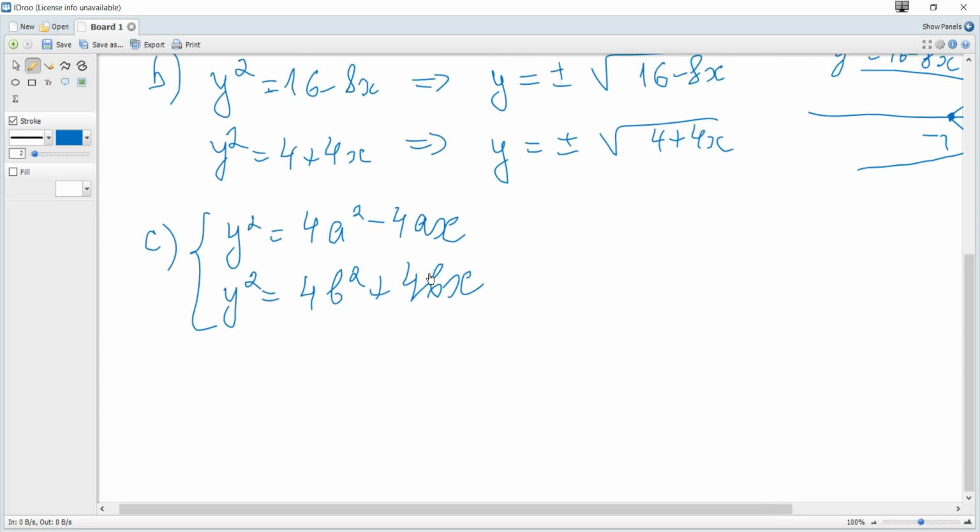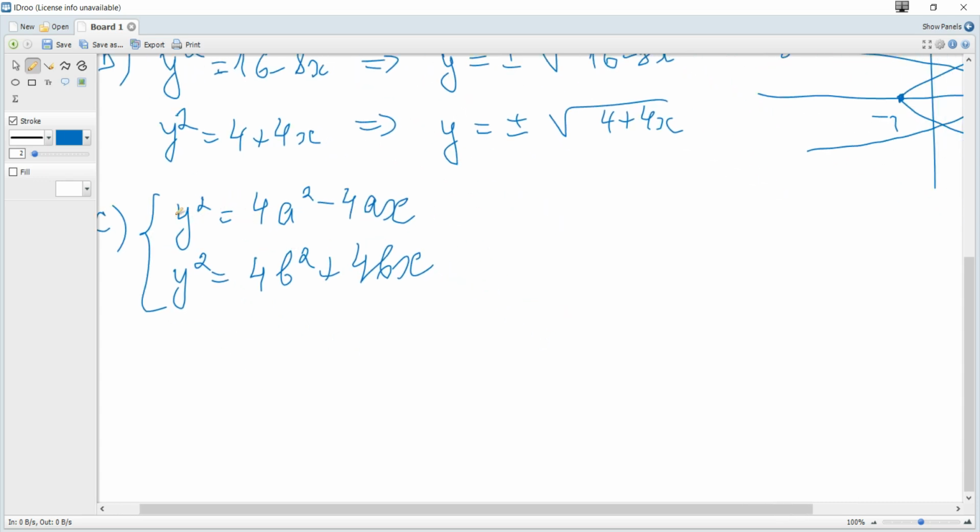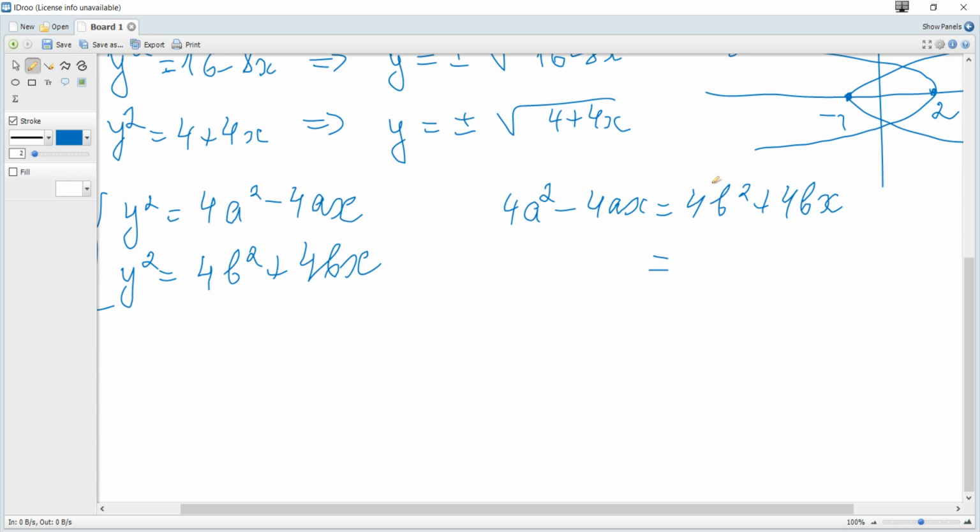So we need to just solve this, and since it's y squared, we can equate the right hand sides. You can see that it's just a linear equation, and we separate the terms with x to one side and just numbers to the other side.